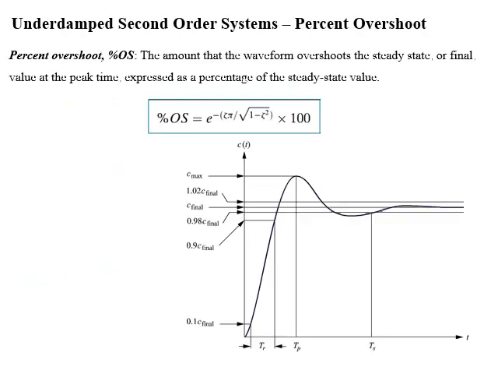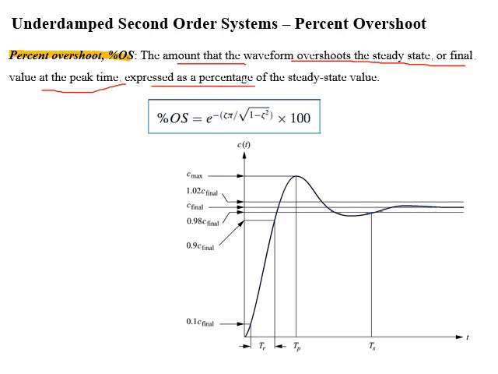Dear students, now we will study percent overshoot. Percent overshoot is the amount of waveform or response that exceeds the steady state value or final value of the response at peak time.